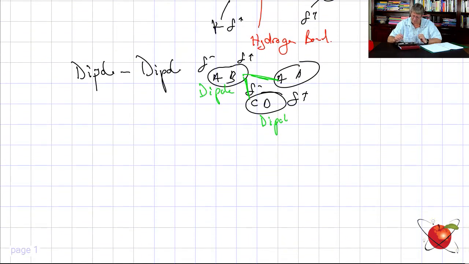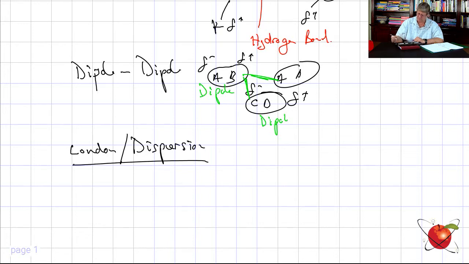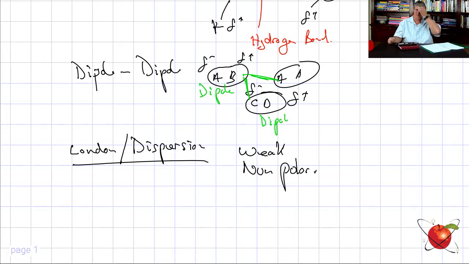Now we're moving up over here, and the next set that we're going to do is the London or dispersion. London or dispersion. Okay. These are basically weak and nonpolar. Okay. They're weak and nonpolar.